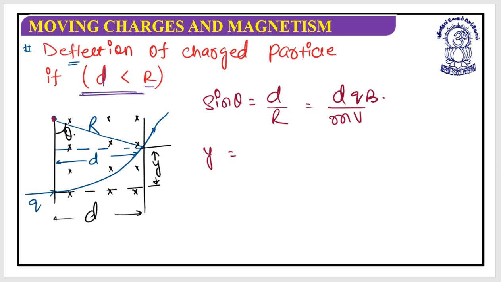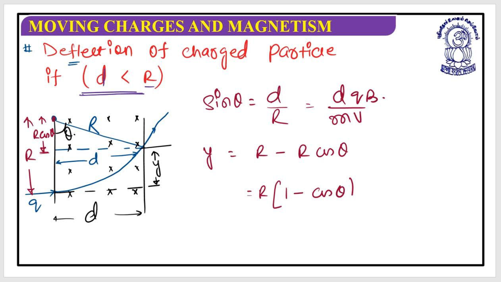Now according to y, what is y? I understood that this is r. This is r cos theta, here to here. So y is r minus r cos theta, which equals r times (1 minus cos theta). R can be written as mv by qB, so y equals mv by qB times (1 minus cos theta).